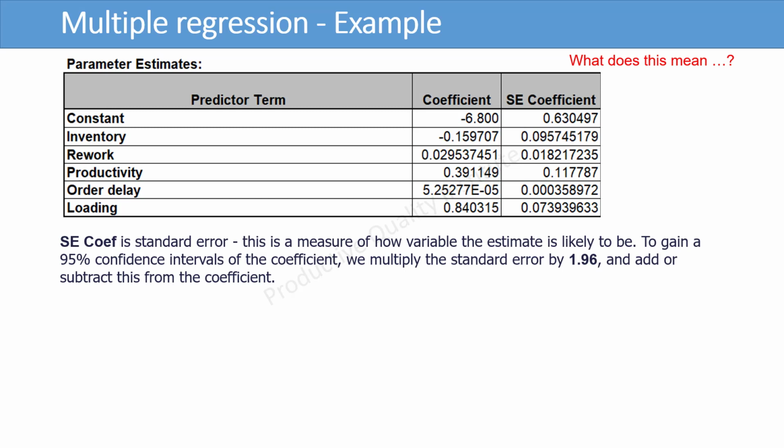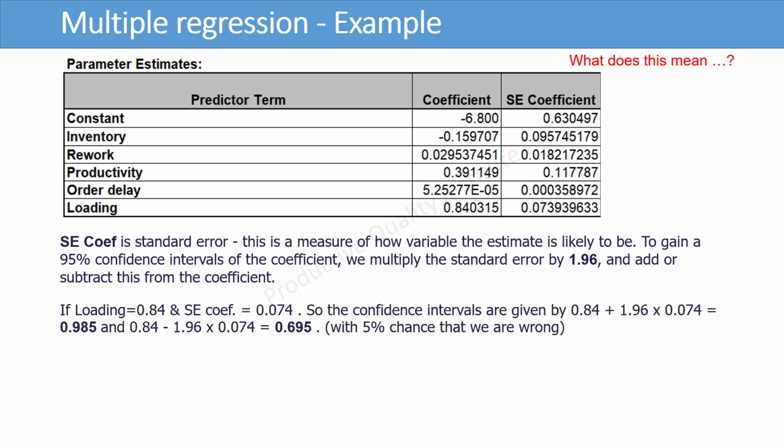SE coefficient is standard error. This is a measure of how variable the estimate is likely to be. To gain 95% confidence intervals of the coefficient, we multiply standard error by 1.96 and add or subtract this from the coefficient.